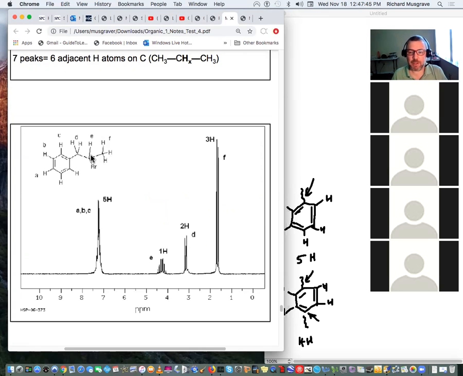So you're getting a picture of how, if we know how many peaks there are, we can figure out where in the structure a certain hydrogen might be. Isn't this fun? Isn't this already fun?